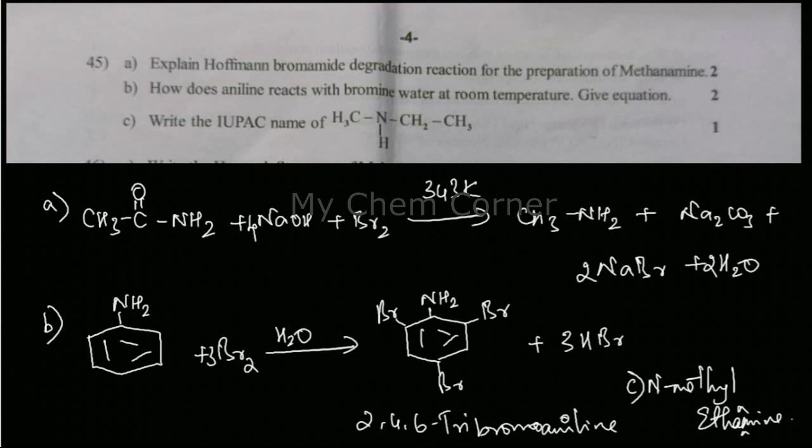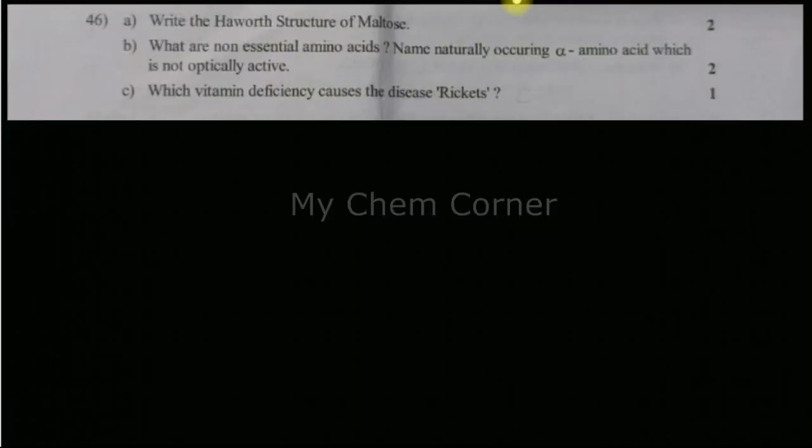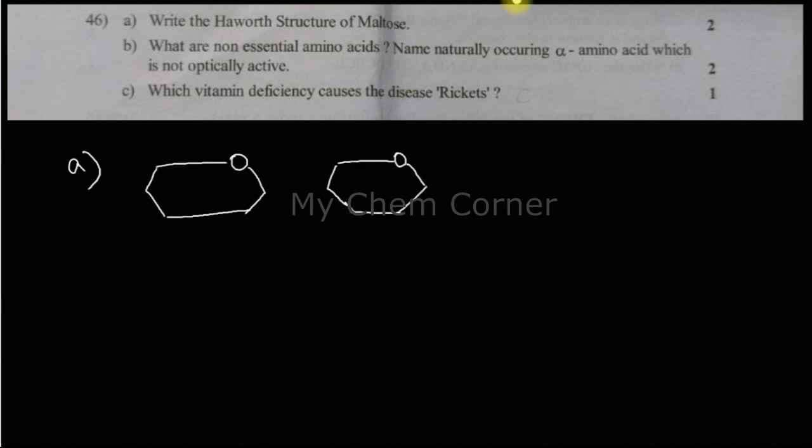Alright, now next question is question number 46. Write Haworth structure for maltose. You have to write a very correct structure for it, draw it properly, only then you will get your marks. Let's draw that. So just put all these bonds correctly.